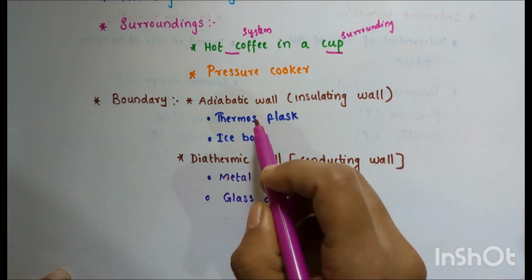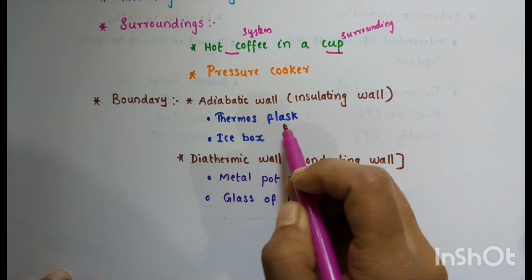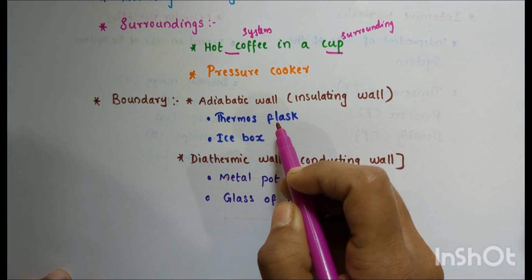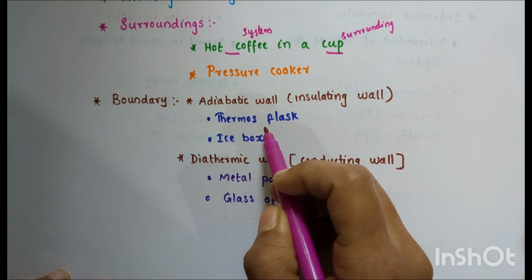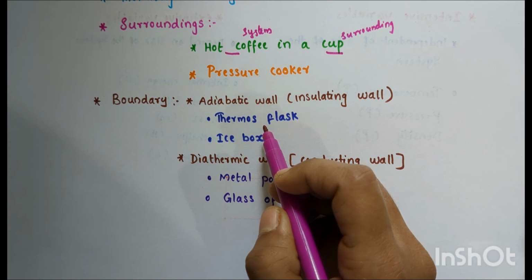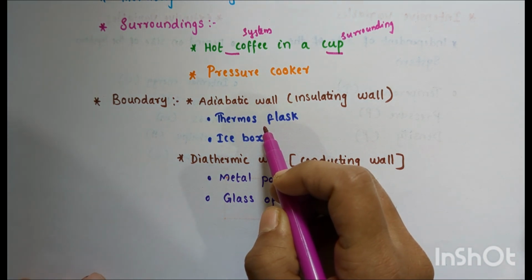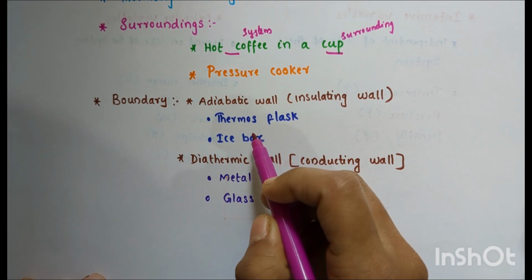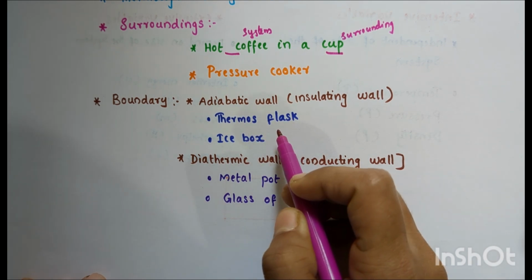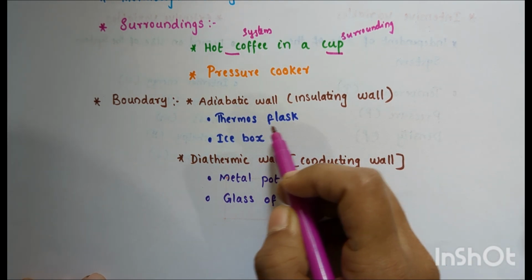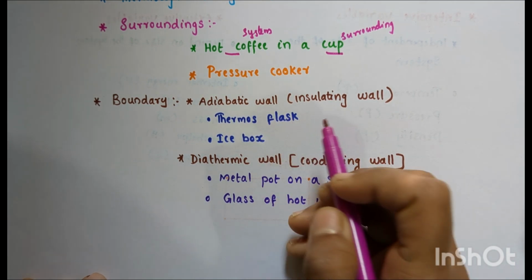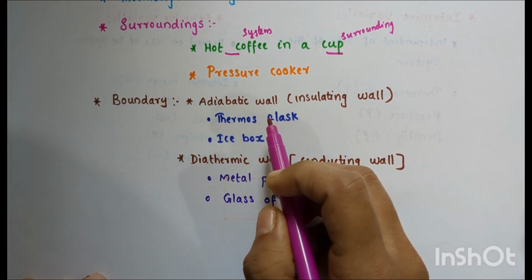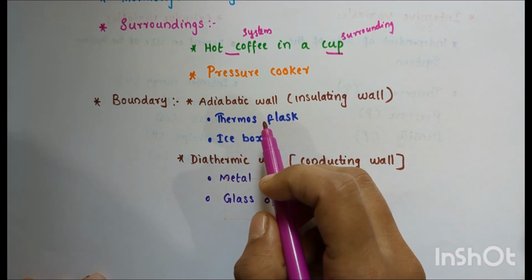For example, if you consider the thermos flask, there is a vacuum layer between the walls of a flask. You will be having a flask in your home, no? So when you consider that flask, if you have hot water in it, it will remain hot for a long time, right? Why? Because there is no transfer of heat energy between the air around it and the hot water or whatever is inside the flask.